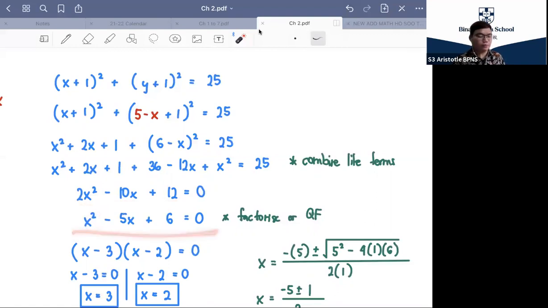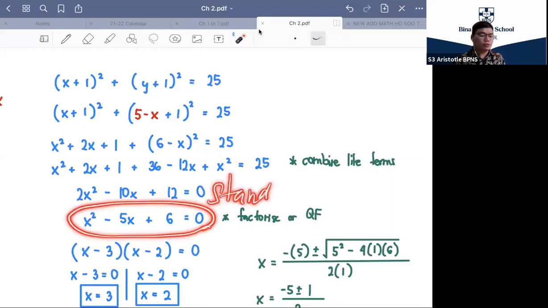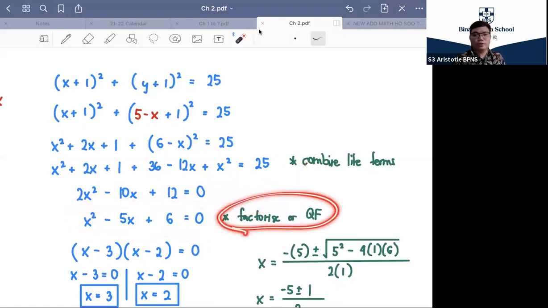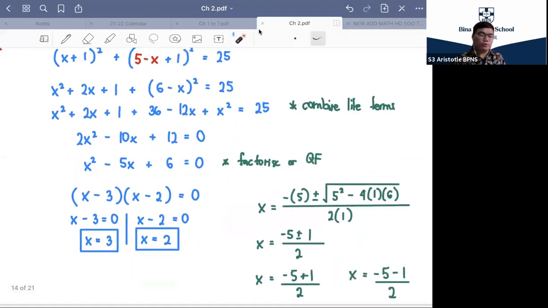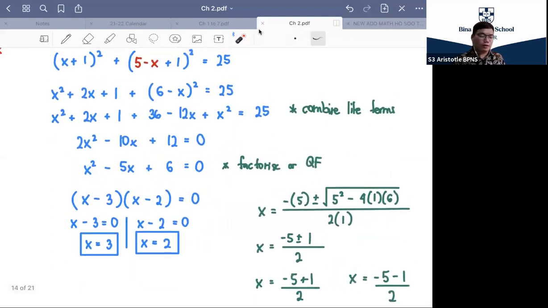And then from here, so this is already in a standard form. Okay, it's either you factorize or you use the quadratic formula. So for everyone's sake, I also showed here, what if I use the quadratic formula? Will I still get the same answer like what I did for factorization? Okay, so let's find out.